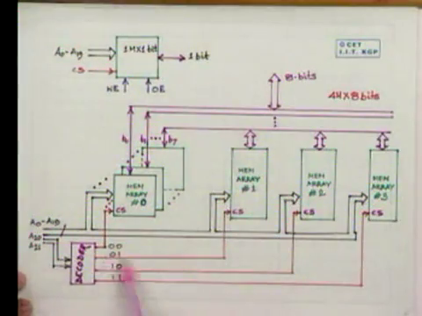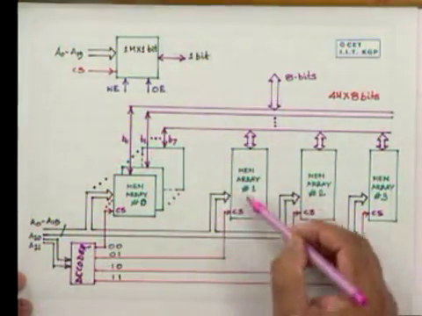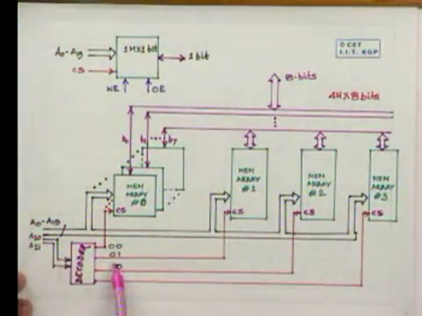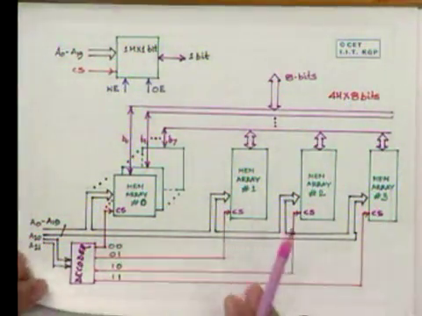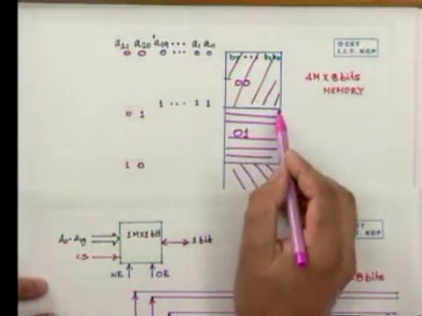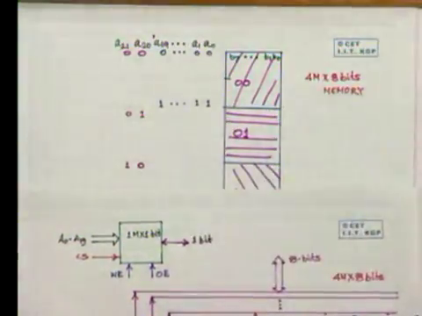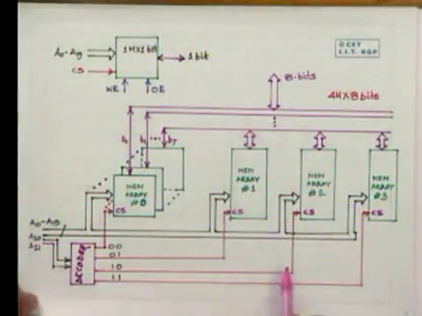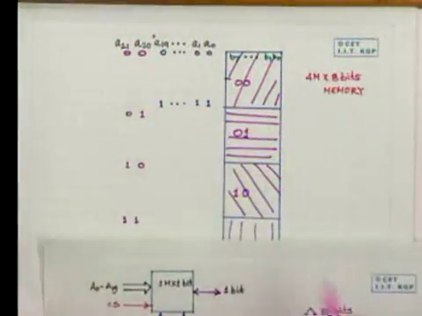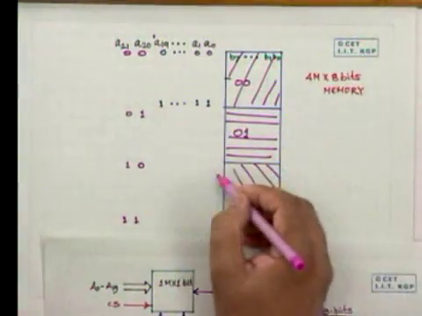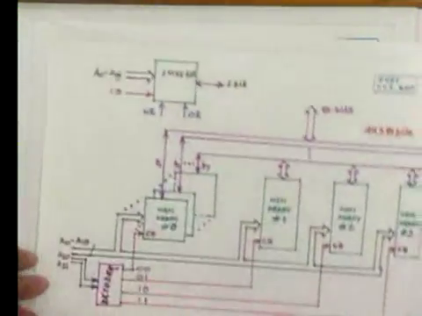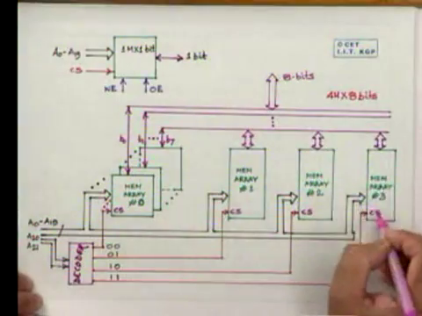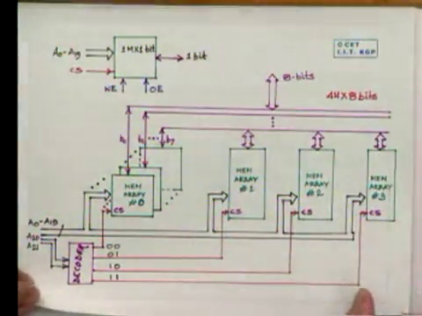For this one it is 01. That means the entire 8 such chips will be selected when A21, A20 is 01, choosing this megabyte. Similarly, 10 will choose this megabyte. And 11 will select this megabyte of information, right?